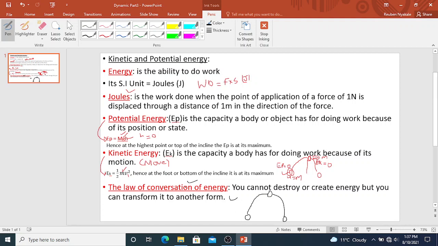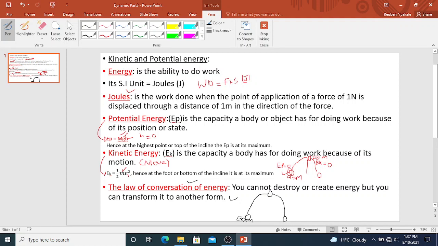Now let's make sense of the law of conservation of energy. We said that EK here is maximum. I'll write M there to indicate maximum.